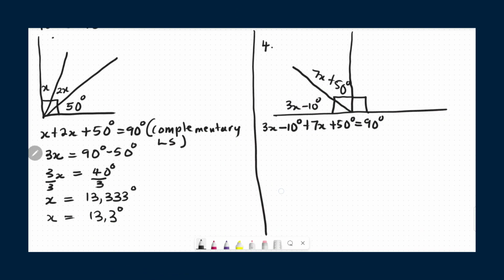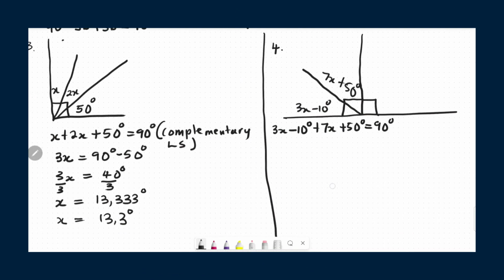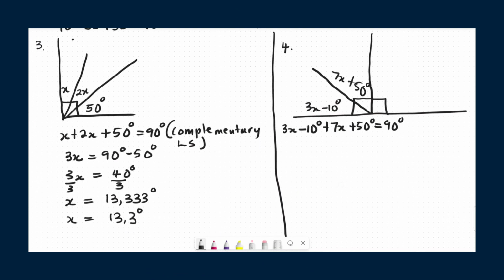We still have our reason. Let me write it here: complementary angles.